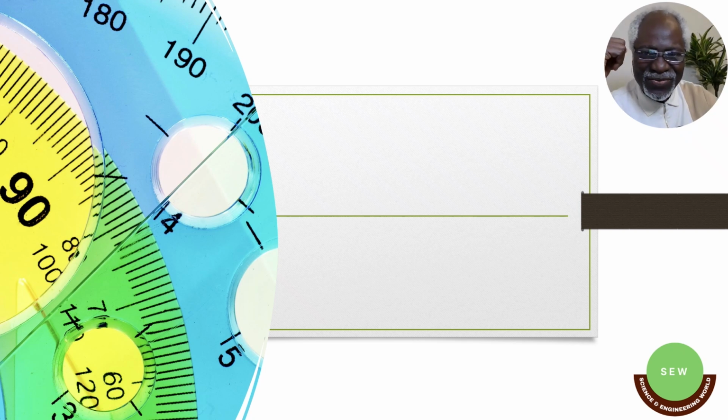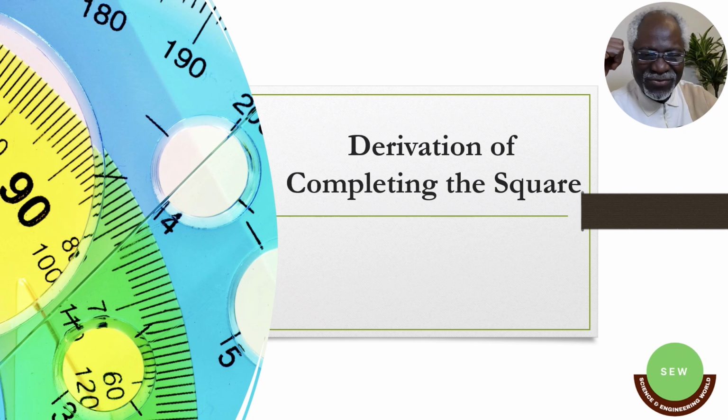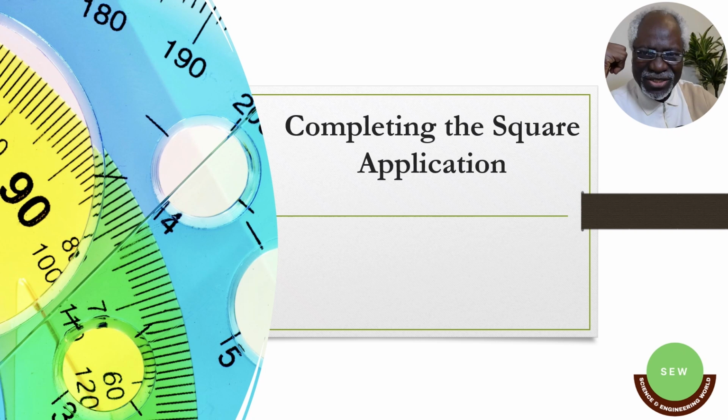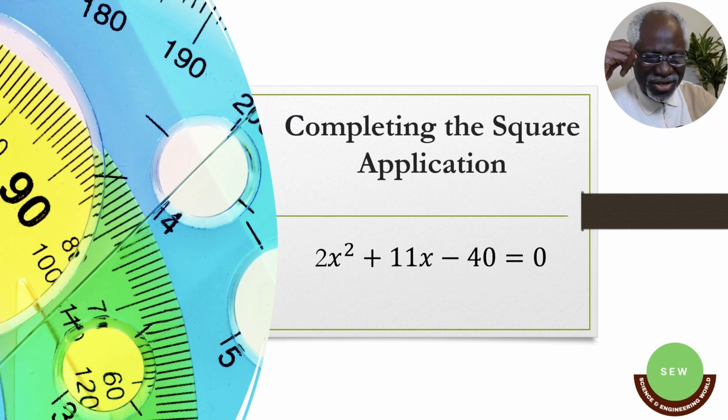We started with the derivation of the completing the square with the use of this standard equation ax squared plus bx plus c equals 0. We then demonstrated the completing the square method with a particular quadratic problem, 2x squared plus 11x minus 40 equals 0.